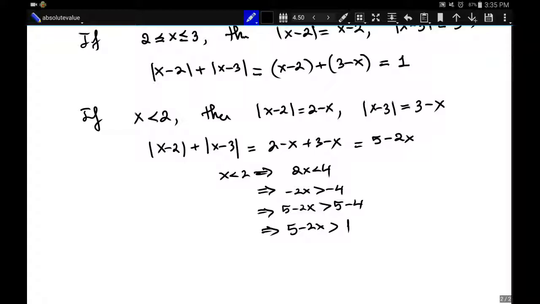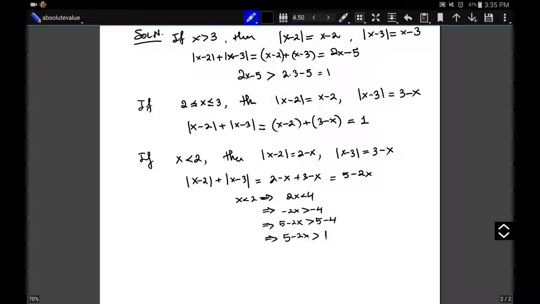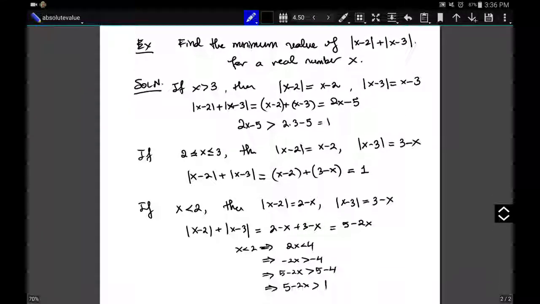Okay, if we look at these cases now, when x is bigger than 3, we have 2x − 5 bigger than 1. When x is between 2 and 3, then this is the constant 1. And when x is less than 2, it is going to be bigger than 1 again. So the question was to find the minimum value.